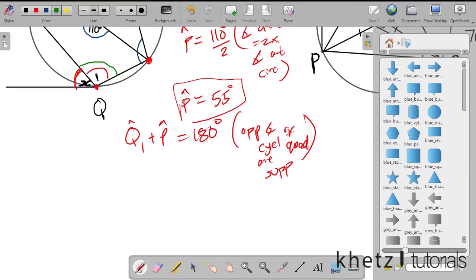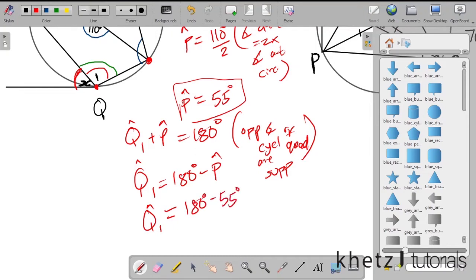So we know the value for P because we just calculated P not so long ago. We can just continue and say that Q1 is therefore equal to 180 degrees subtract P. And therefore your Q1 would be equal to 180 degrees subtract 55, which is basically equal to 125 degrees, right?